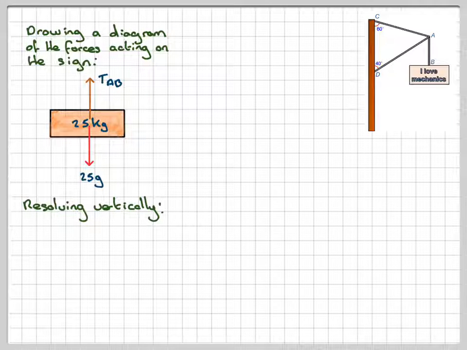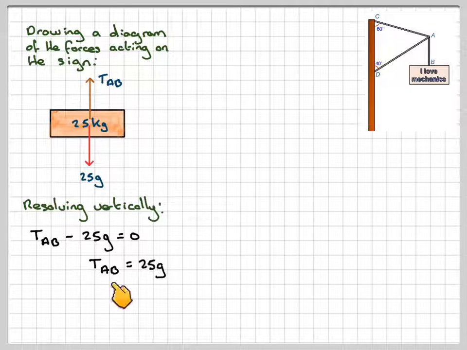Because the whole thing is in equilibrium, TAB is going to be equal to 25G, which gives you 245 newtons. So that will obviously be in tension.